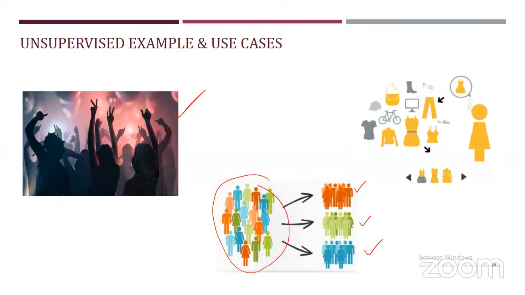Based upon what kind of behavior they have, or what kind of knowledge, or what kind of dressing, or what kind of background they have, based upon this information you are going to create different sets of people. So in this case also, we can use clustering, an unsupervised learning technique, in order to create this grouping.